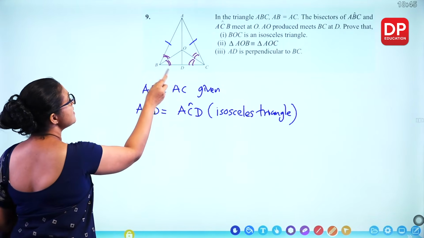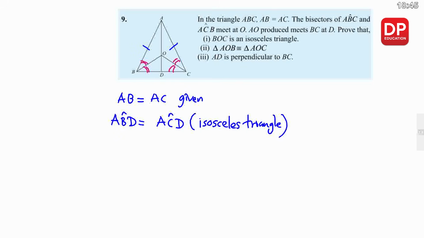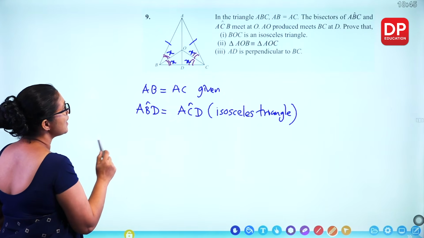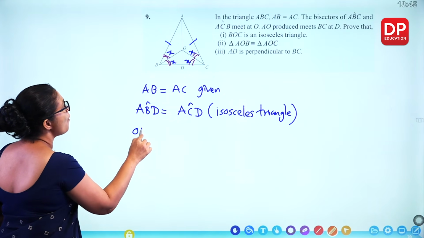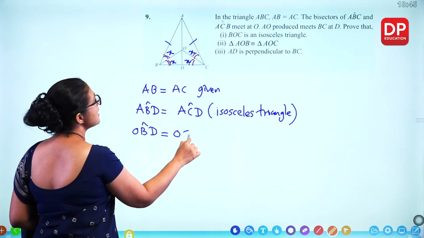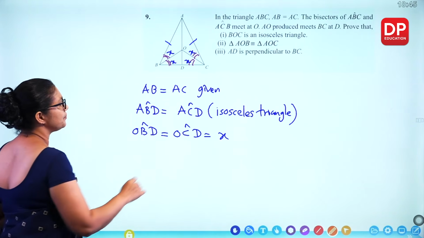And it says these are bisectors. So here we can say if this is X, this is also X, this is also X, this is also X because of bisectors. So what can we write? We can write OBD angle is the same as OCD angle, that's equal to x.